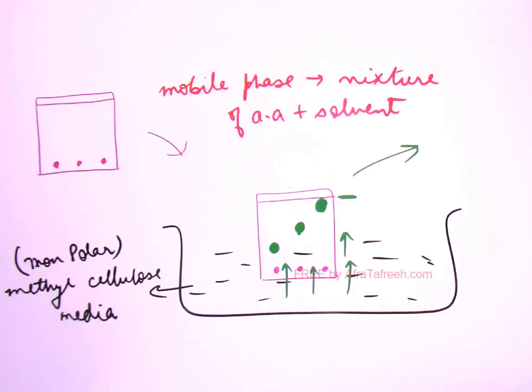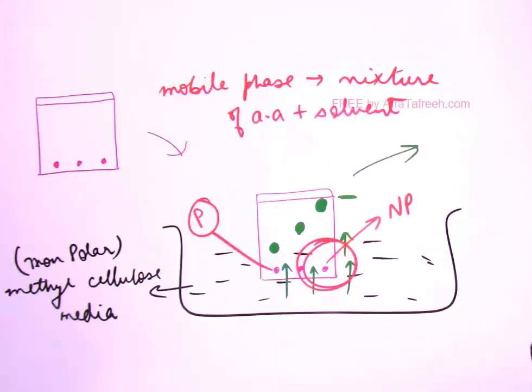So in this case, this amino acid is non-polar, and this amino acid is polar, because this amino acid is going with the solvent till the last point. There is a late stain here for this amino acid, right? We know that solvent has moved till the last line, right? So some amino acid is giving a stain later, near to the last line.